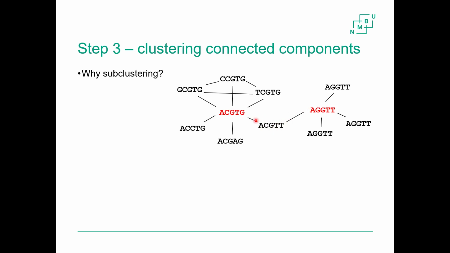It's impossible to know which group this one belongs to. And since we now have one error here and one error here, it makes all of them connected, because we now have this edge here that connects both into one connected component. And we can easily have many red sequences connected like this.